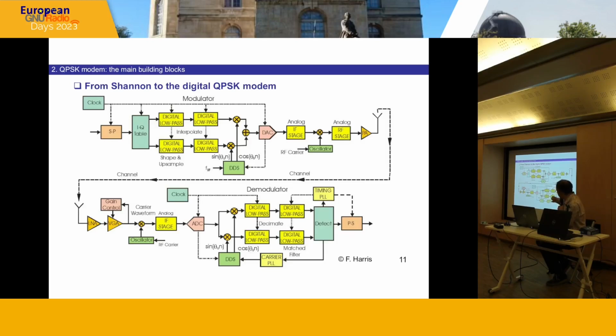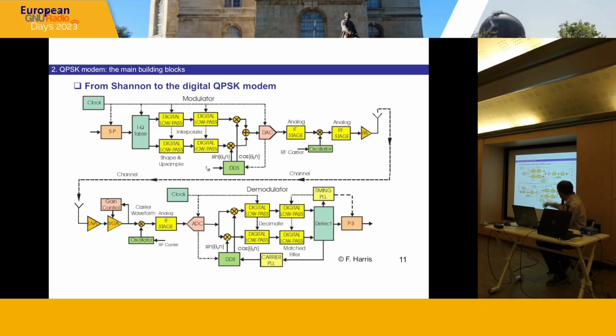Of course, the pulse shaping that you need to go to the time domain. Then you upsample, go to your carrier. Here you've got a digital to analog converter, and then again, but this can be reduced today with frequency changing stages up to the power amplifier.